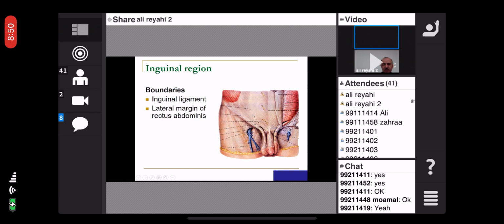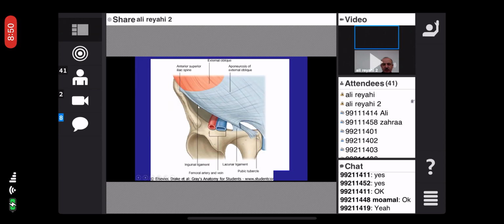This is the rectus abdominis muscle. A horizontal line we can draw between the lateral margin of rectus abdominis and the anterior superior iliac spine. This triangle you can see here is called the inguinal region.